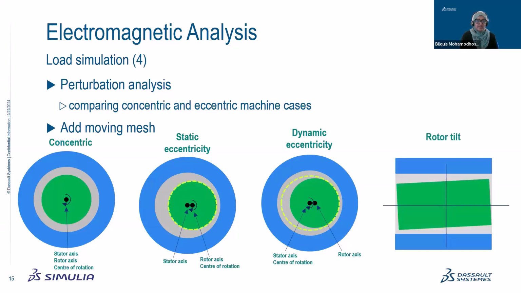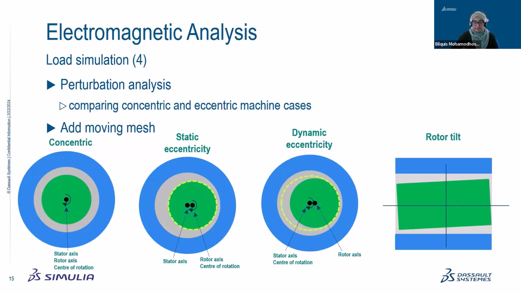Another case, for a 3D case, is the rotor tilt, where the rotor can be tilted in any direction along the actual length. This can cause different types of eccentricities, like forward whirl or backward whirl, for example.